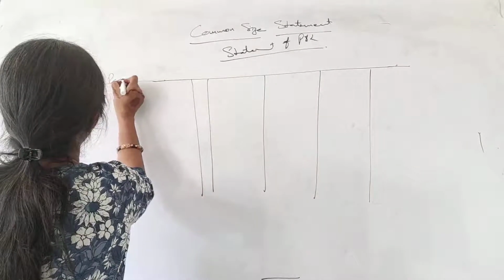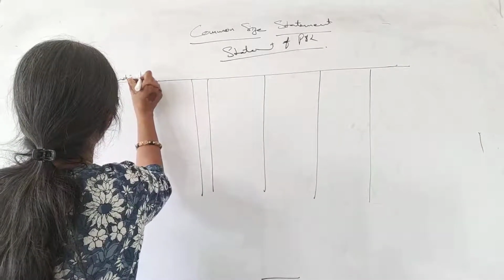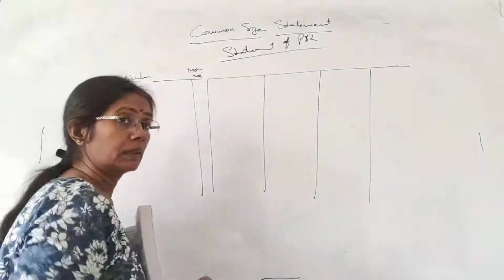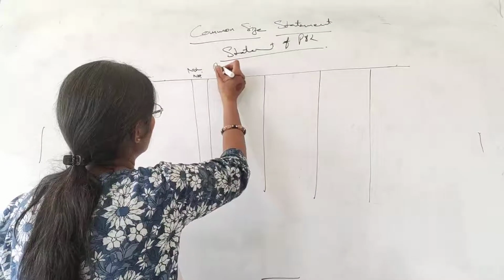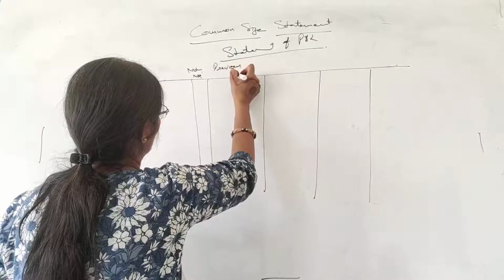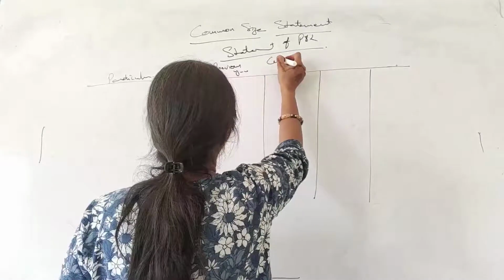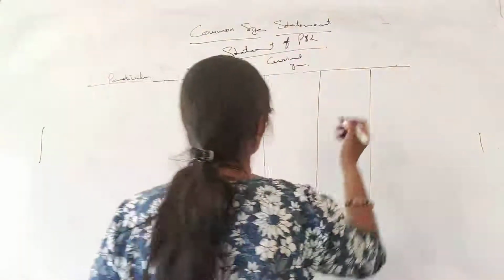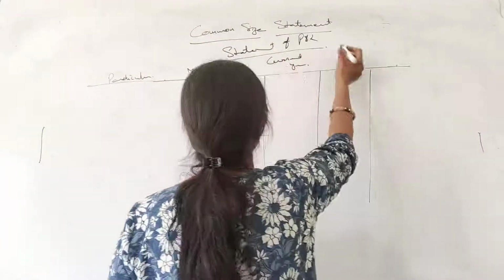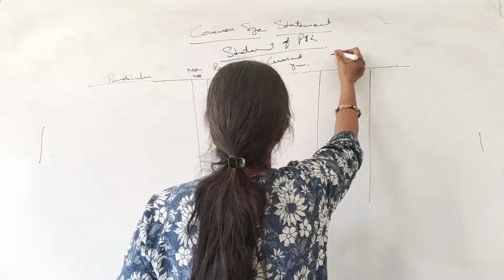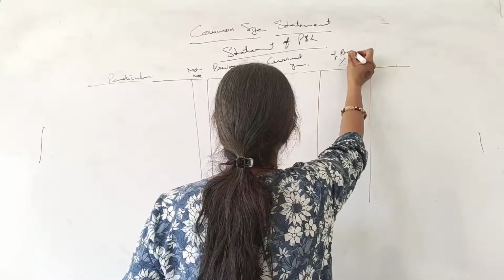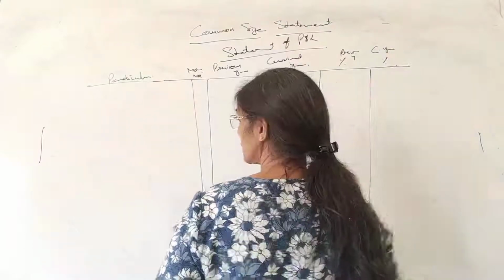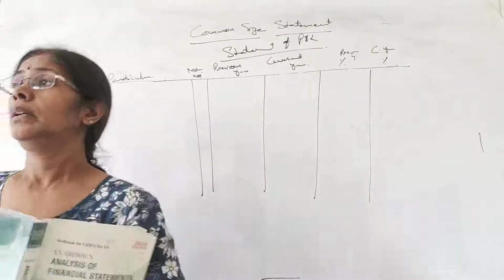The first one we have is particulars, note number, then we have the previous year, and then we have the current year, and here we have the percentage of the previous year and the current year's percentage, okay?